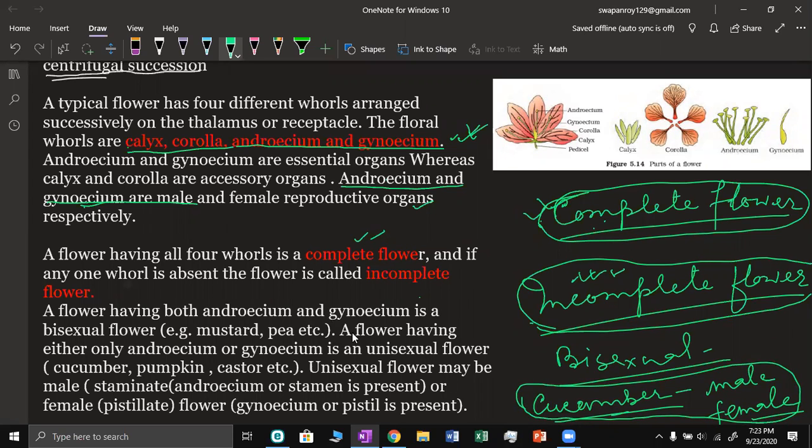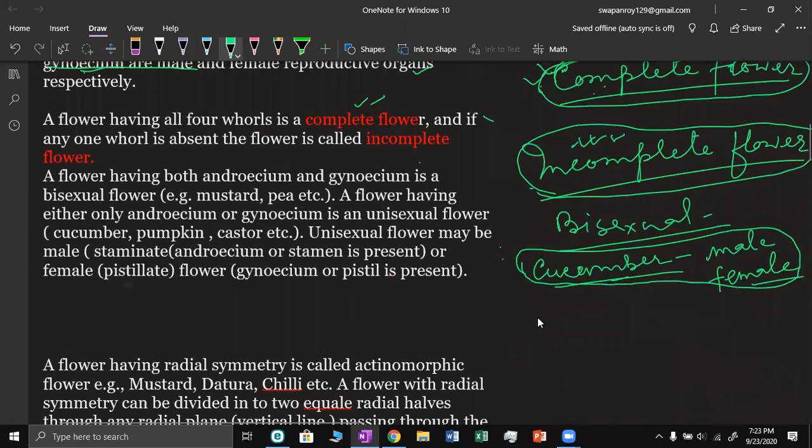So flowers may be bisexual or unisexual.